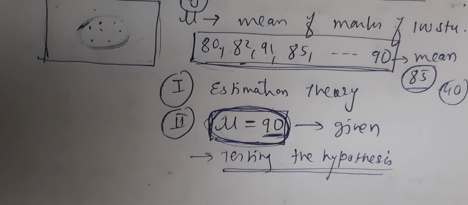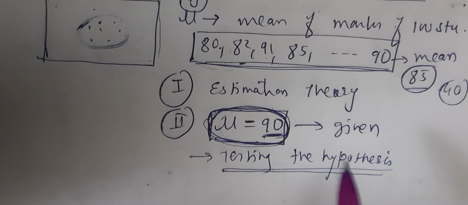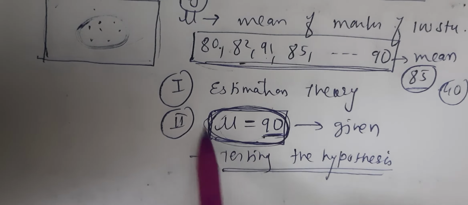In the previous video where I started, I wrote this heading: what we are going to see is testing of hypothesis. Understood? Testing of hypothesis means, again I am telling you, whatever population mean is given to us, we are going to test whether this statement is right or wrong, meaning can this be the population mean.